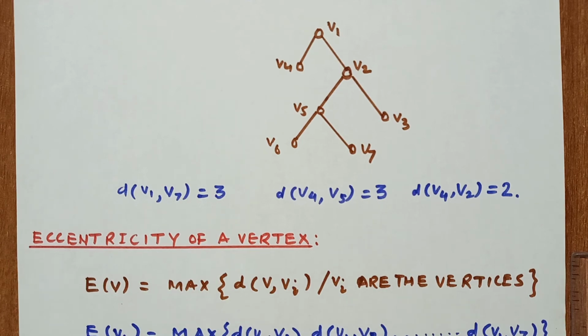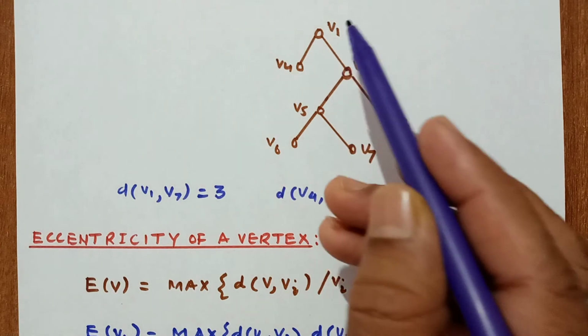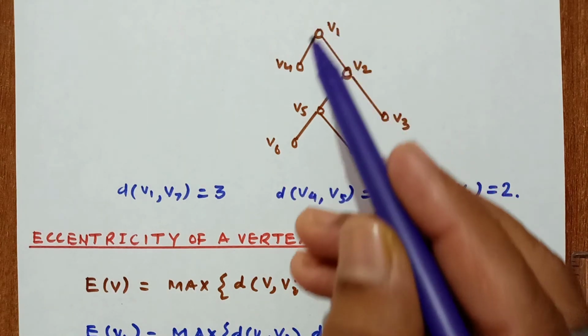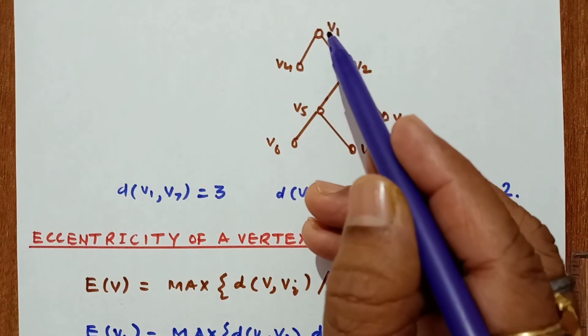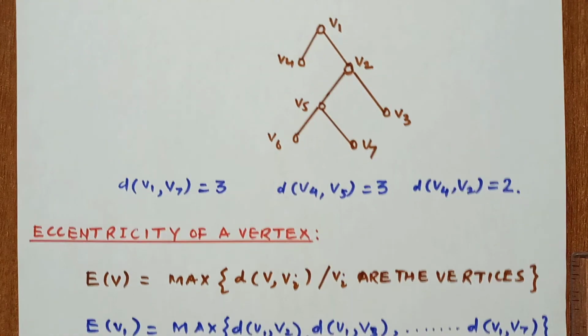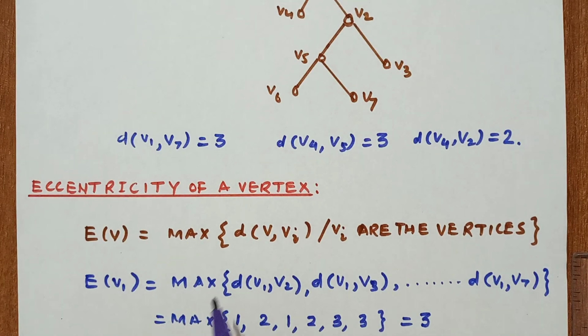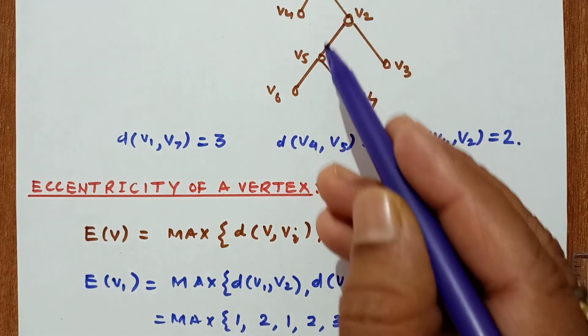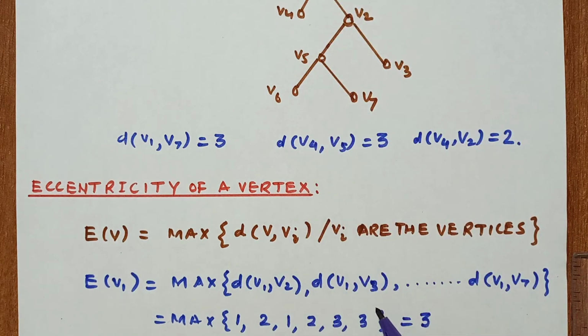For example, in this graph we calculate the eccentricity of each vertex. For the time being, the eccentricity of V1, E(V1), is equal to the maximum of d(V1,V2), d(V1,V3), d(V1,V4), d(V1,V5), d(V1,V6), d(V1,V7).